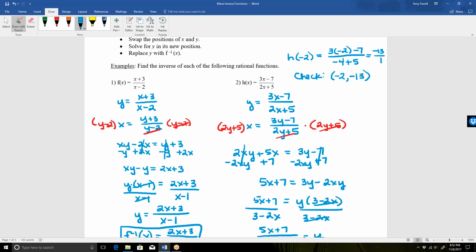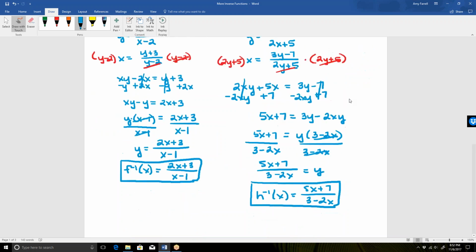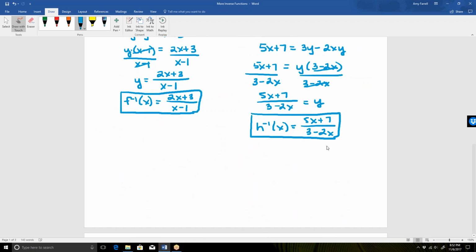Now, if I have done all my math correctly, then if I reverse the coordinates, that point should be on this graph. So is the point (-13, -2) on the graph of h inverse?